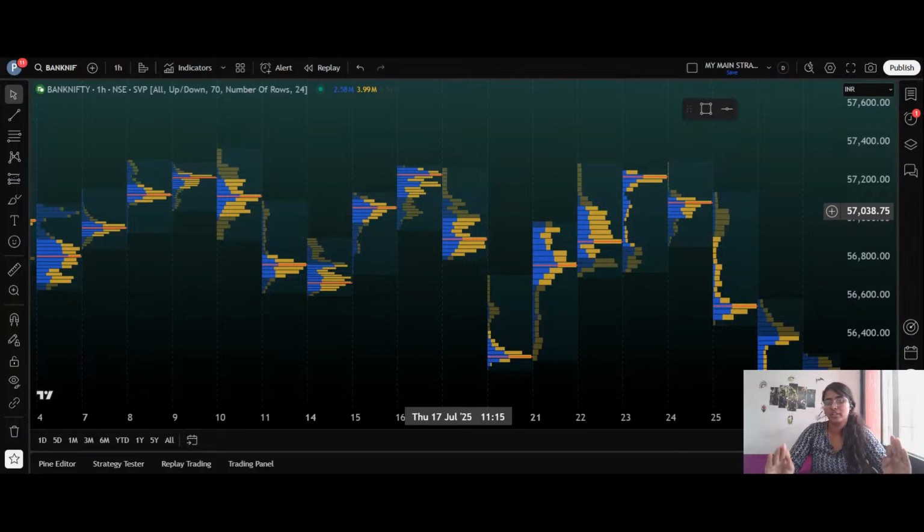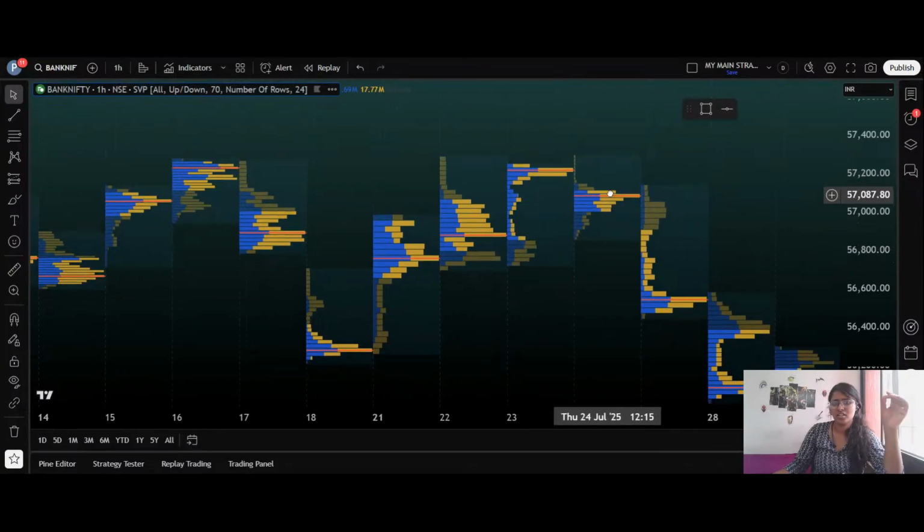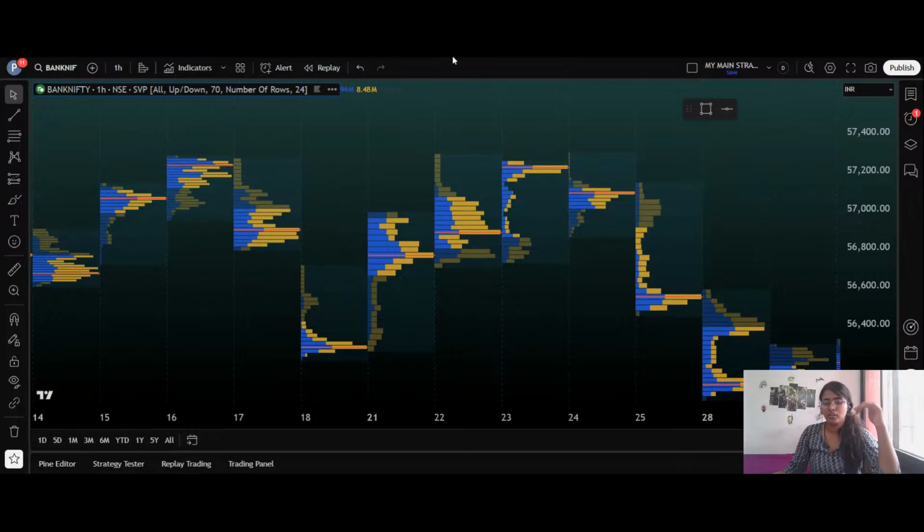It is a very lengthy concept. I have to explain all about these volume profiles: what are these lines, why is this happening, why do the candles change? Normally candles are vertical, so why is this candle horizontal? I'm just giving you an introduction.